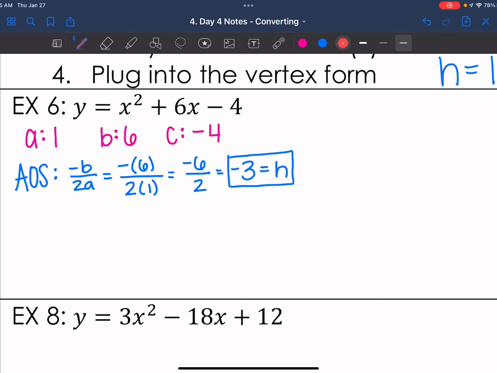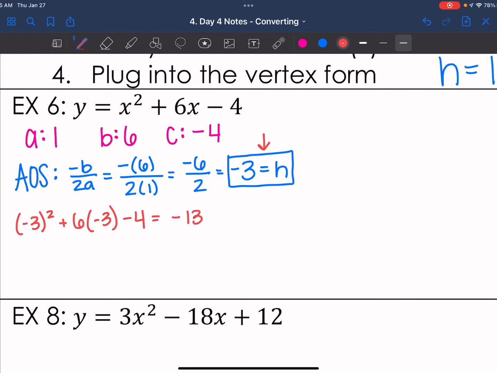Next, we'll find my k value by plugging in my h value, or my x value, into my original problem. So instead of x, we'll have (-3) squared plus 6 times -3 minus 4. You can plug that directly into your calculator, and it should give you -13.